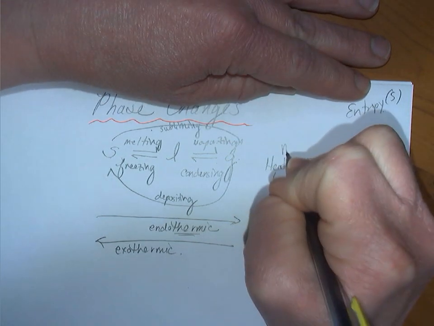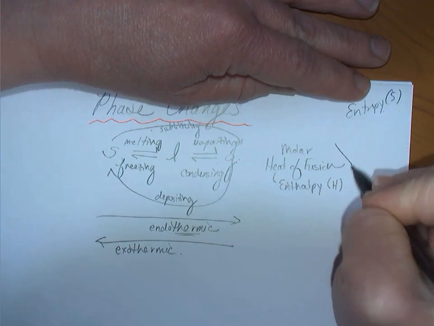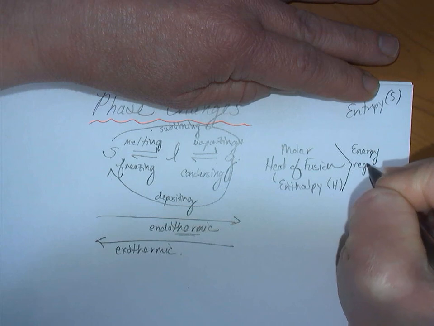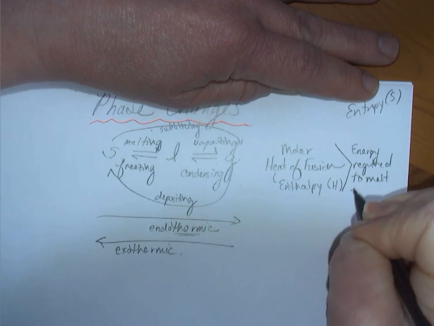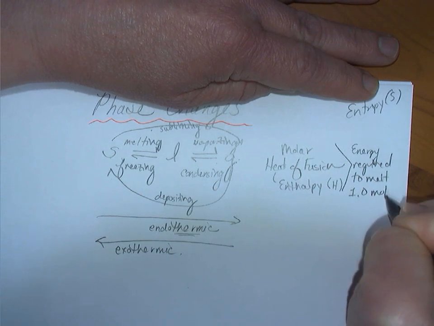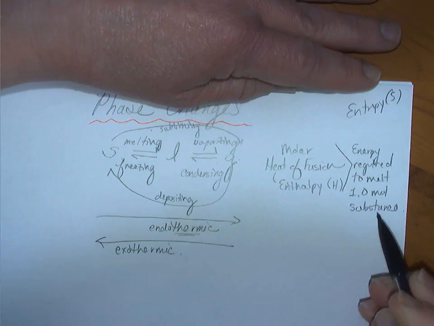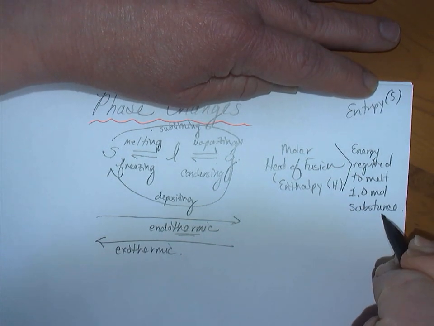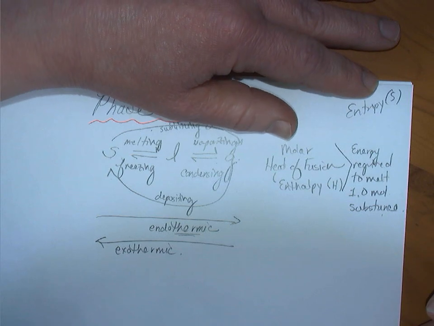Often, these heats of fusion are molar heats of fusion, and that is simply the energy required to melt 1 mole of substance once it's at the temperature for melting. Sometimes it can be given per gram, but then it wouldn't be the molar heat of fusion, of course.